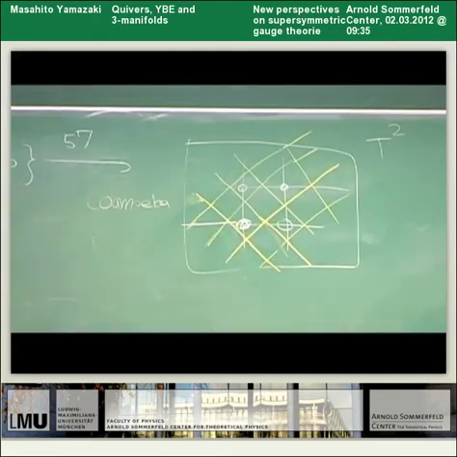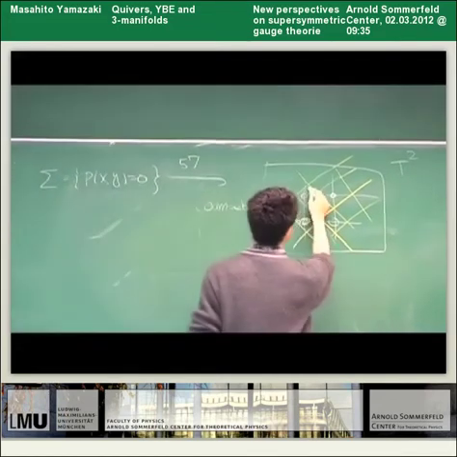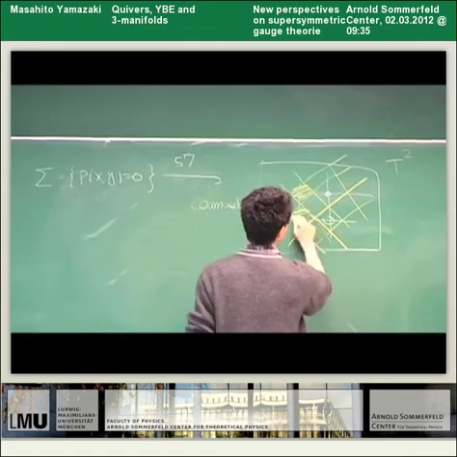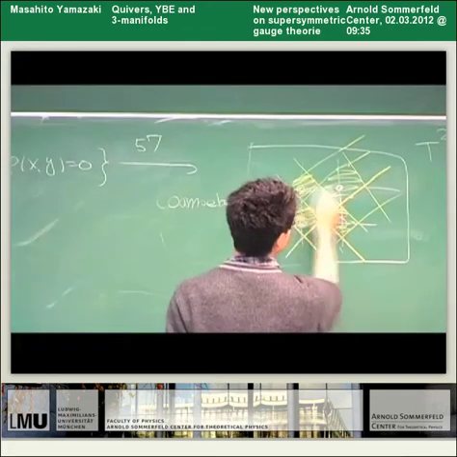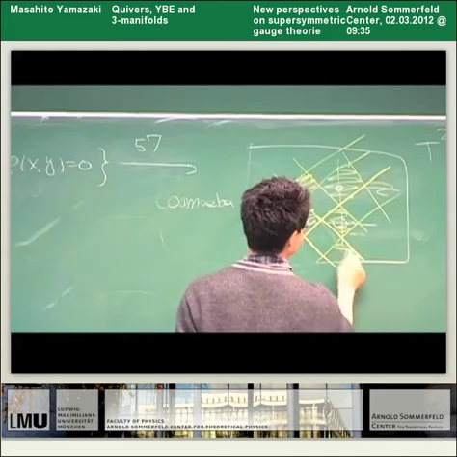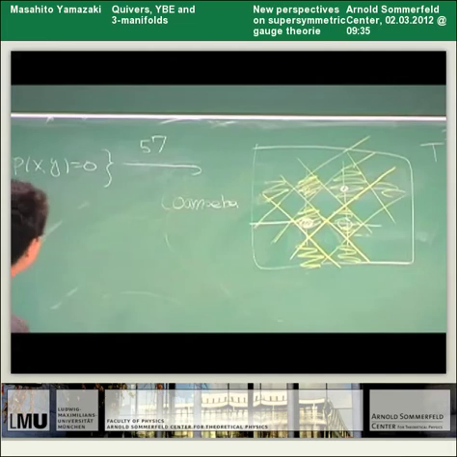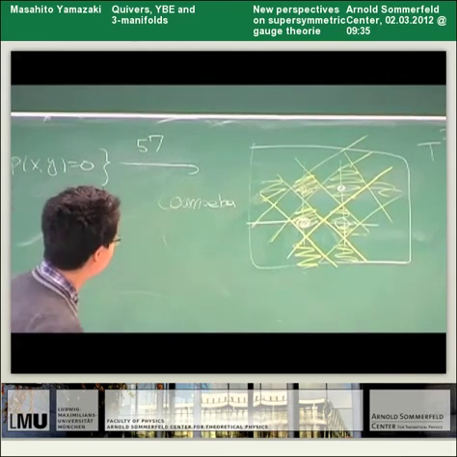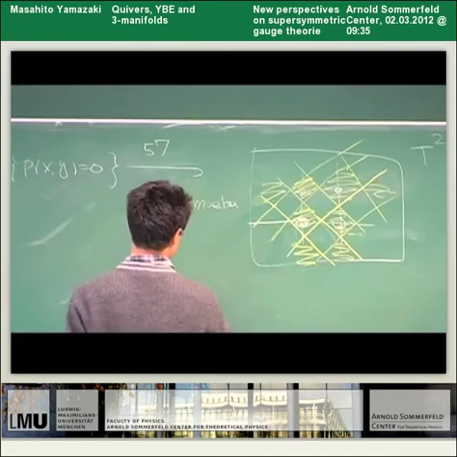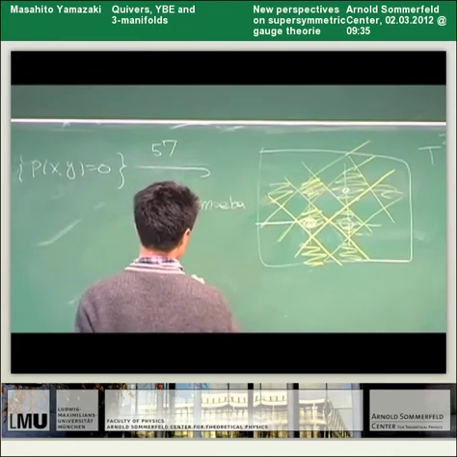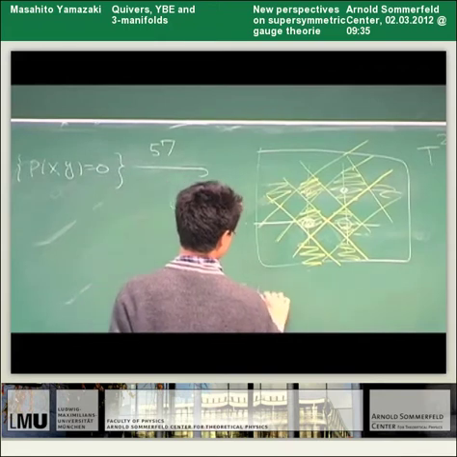And if you do the projection, this is a surface, and the surface is projected to 2 dimensions. So there is something 2-dimensional appearing. And it happens that the image of the map are these regions. So one way to say that is the image of the NS5 brane.